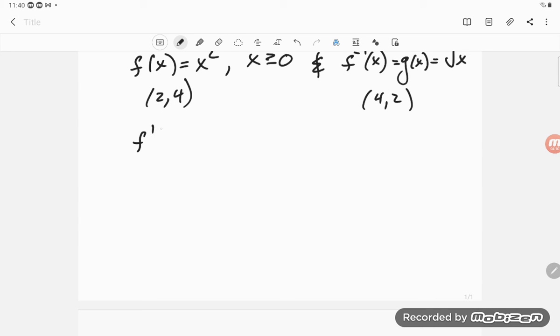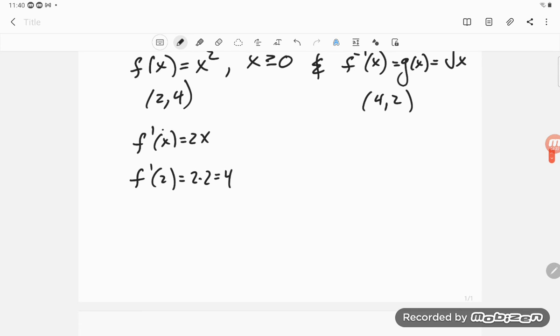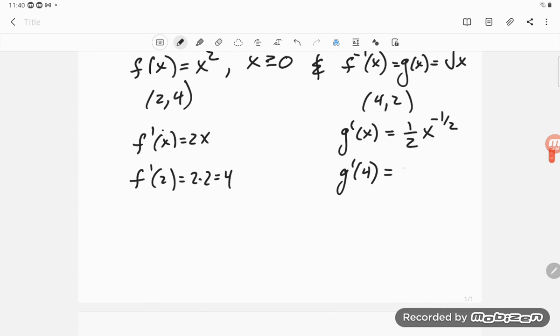And what they want us to do is look at these reciprocals, and we're going to take the point 2,4 here for f and the point 4,2 here for g or f inverse. And so here f prime of x is 2x, and so f prime of 2 is equal to 2 times 2, or 4. And over here we have g prime of x is 1/2 x to the negative 1/2. And g prime of 4 is 1/2 times 4 to the negative 1/2.